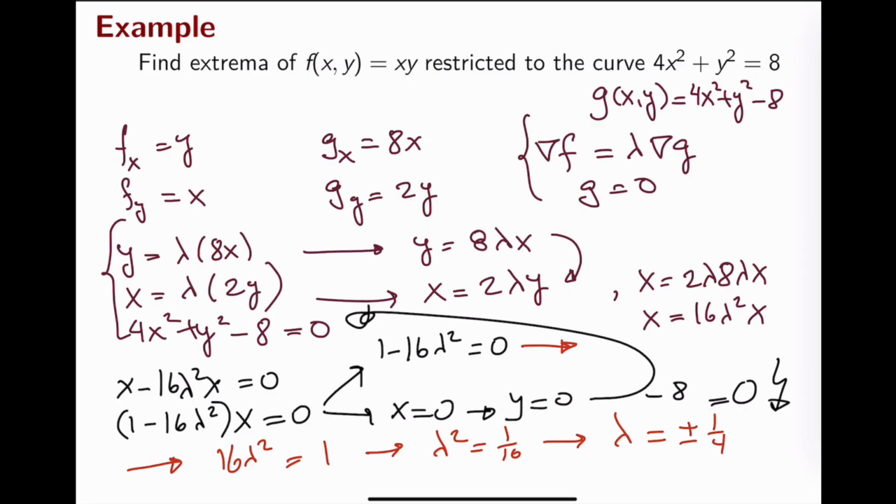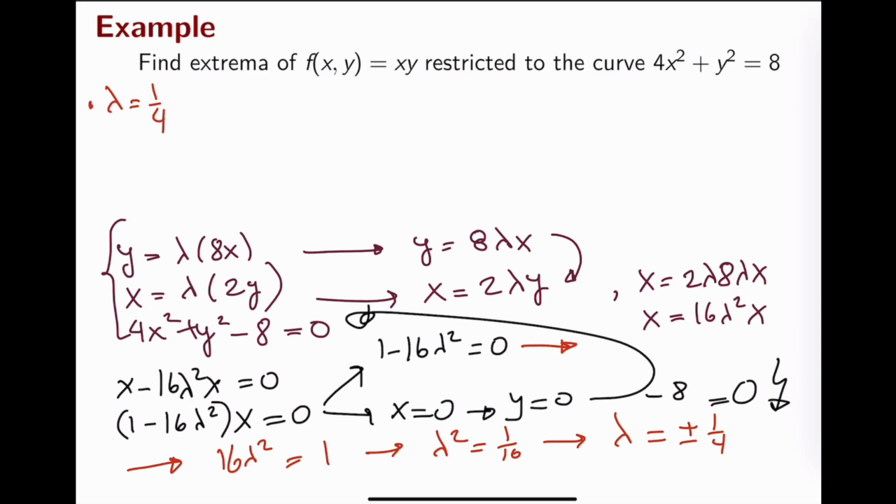Okay, so then we have two possible values of lambda. Let's start first with lambda equal to 1/4. So if lambda is equal to 1/4, we come back to our equation here for the value of x, and we get that x is equal to 1/4 times y. So that means that x is equal to y over 2.